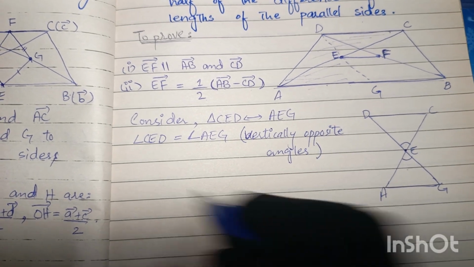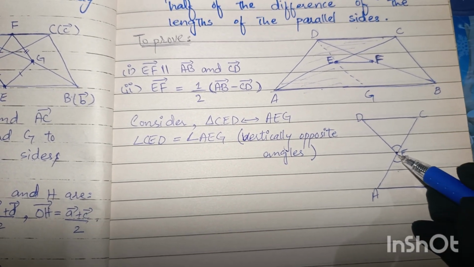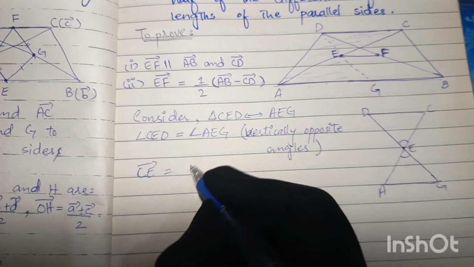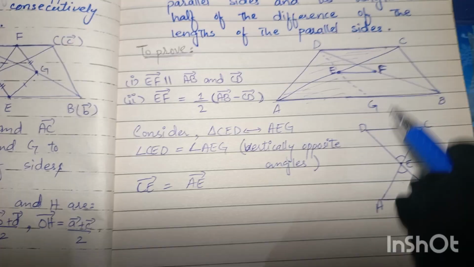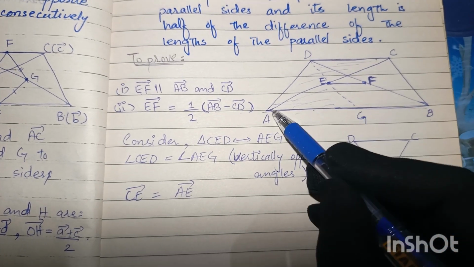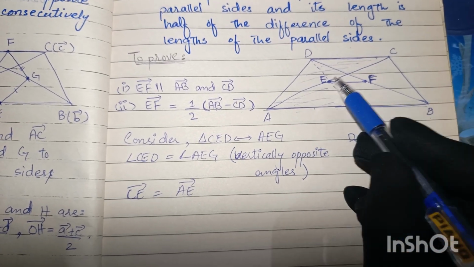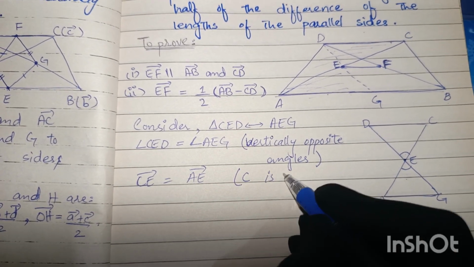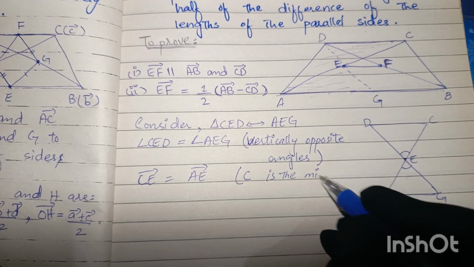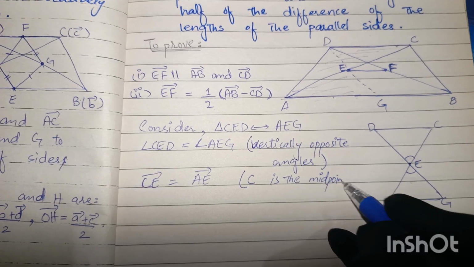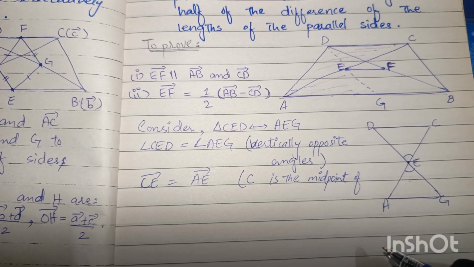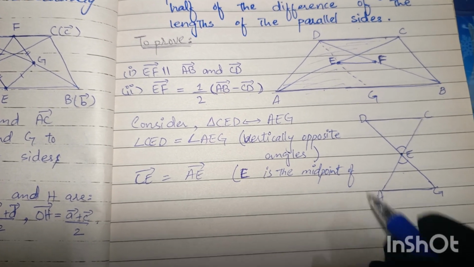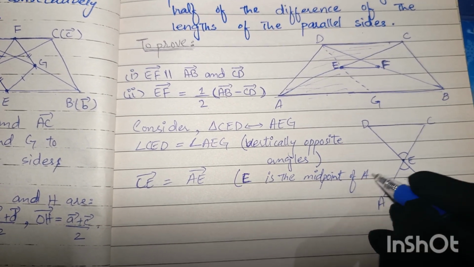And side CE is equal to AE because we are given that E is the midpoint of this diagonal. It means CE must be equal to EA. Sorry, E is the midpoint of AC.